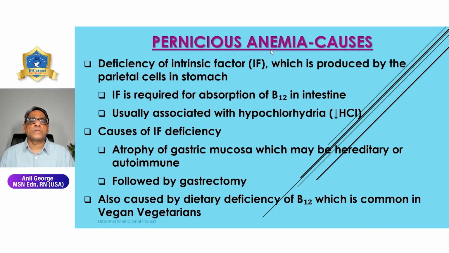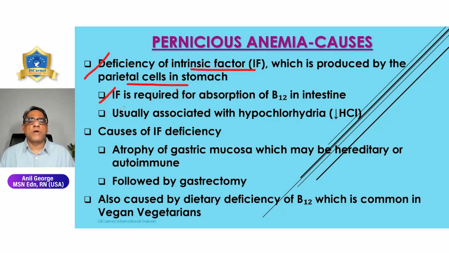Looking into the causes of pernicious anemia, one of the most commonly seen reasons in questions would be deficiency of intrinsic factor, which is produced by the parietal cells of the stomach and is required for absorption of B12 in the intestine.